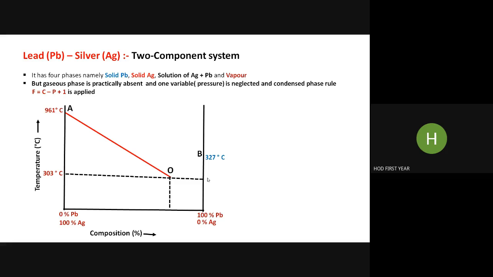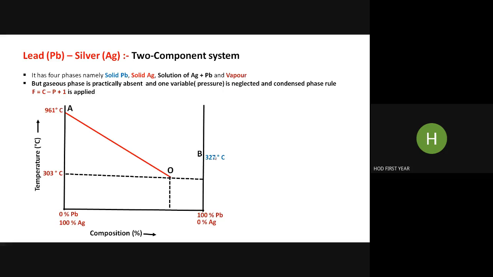Now another experiment. This is the first experiment. Another experiment is I have 100% lead with me. Okay, and I will start adding silver into lead, and I will see the effect on the melting point of lead. So at point B, I have the melting point of lead, 327 degrees Celsius.